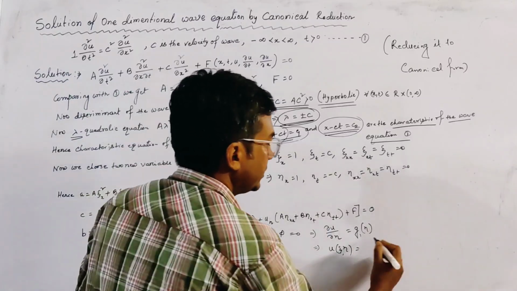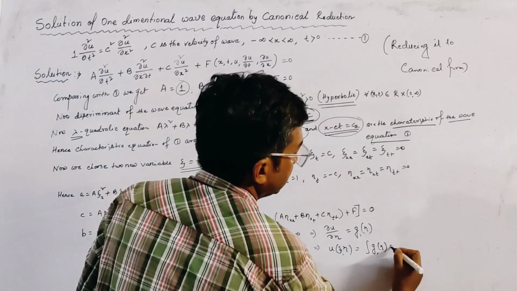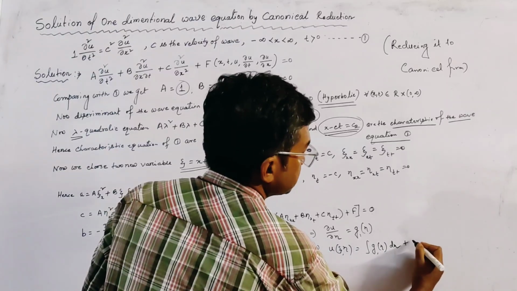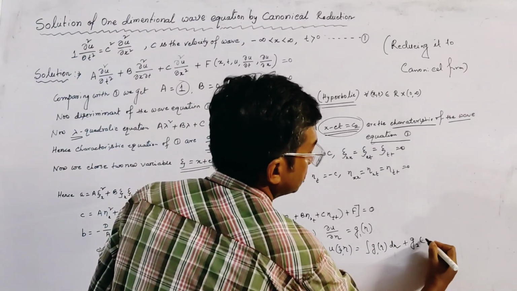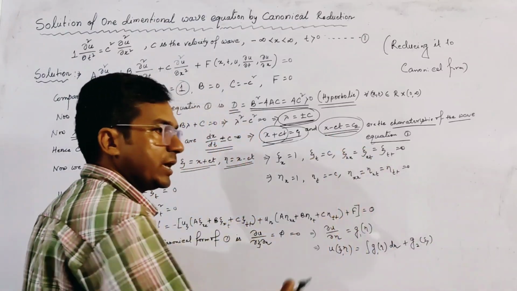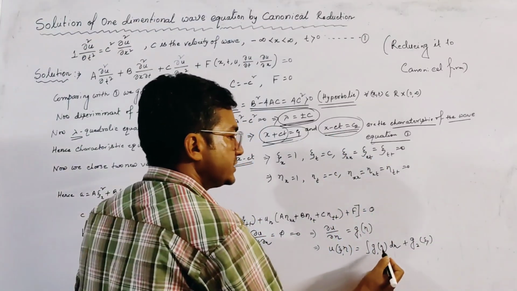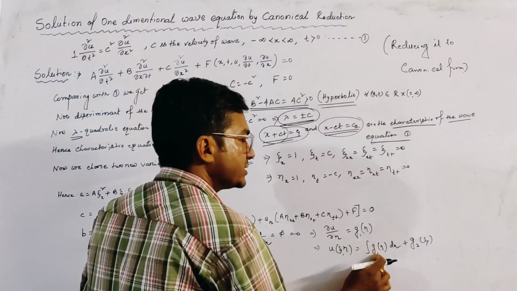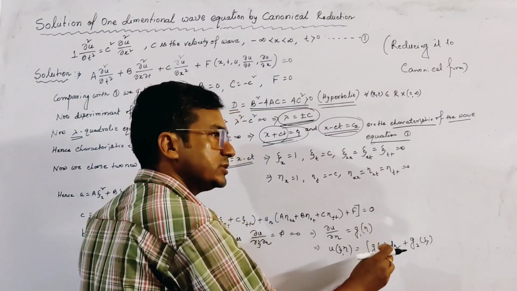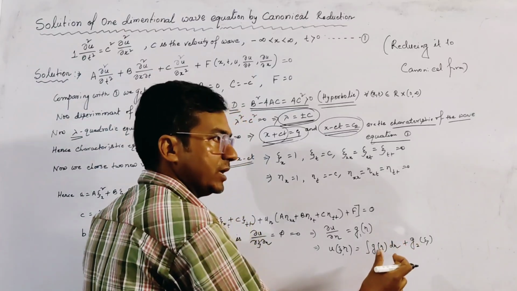Okay, now we again integrate with respect to eta and get the value of u(xi, eta). This is given by integration of g1(eta) d eta plus g2(xi), because here we take xi as a constant. And since this integration is a function of eta and integration with respect to eta also, so this must be a function of eta.